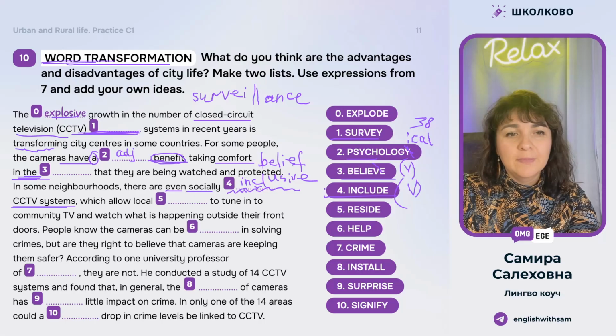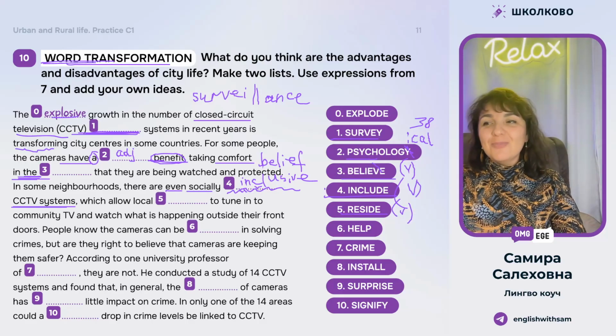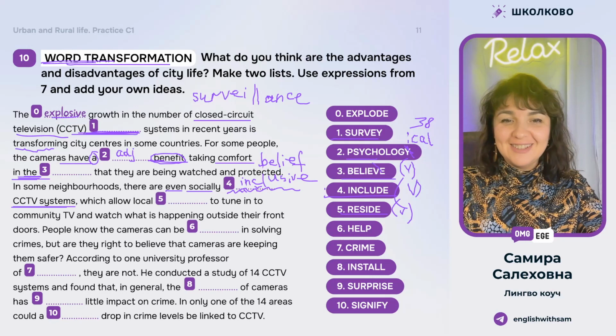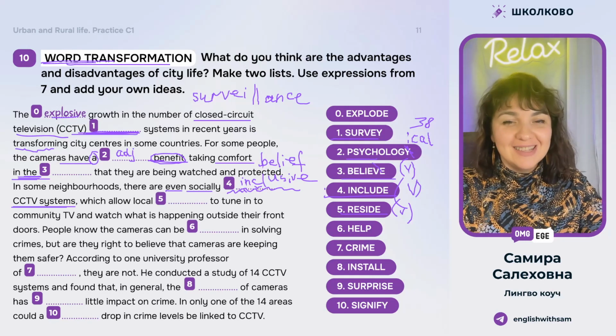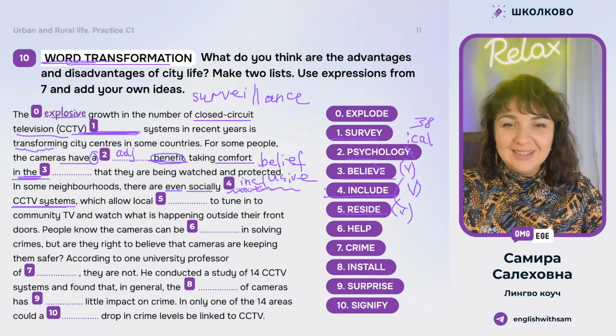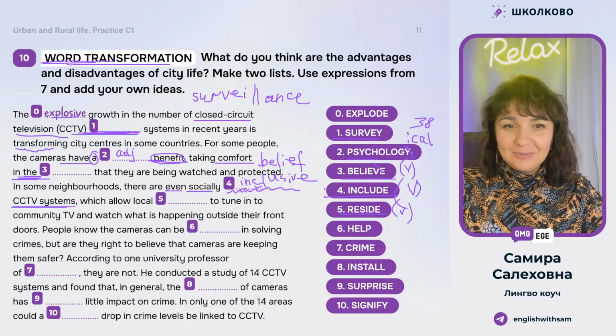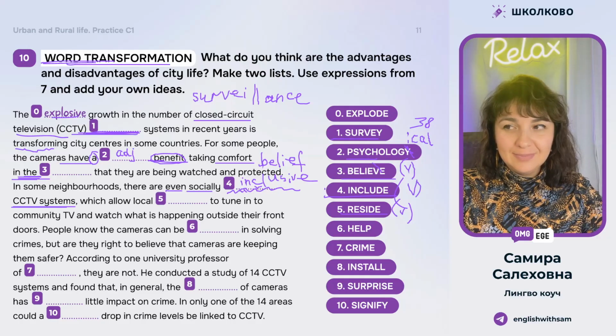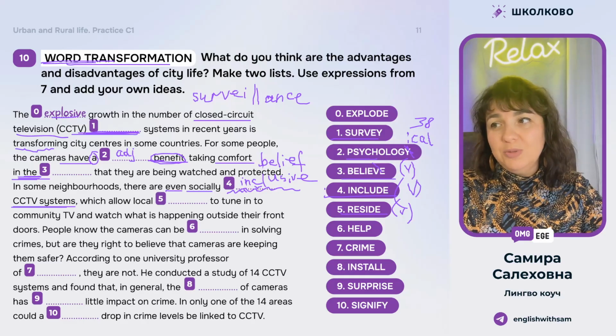Okay. Which allow local reside, a verb. Как раз мы его преобразовывали сегодня с вами. Все на самом деле значения у этих однокоренных слов. Так. Yeah. Local residents. Умнички.